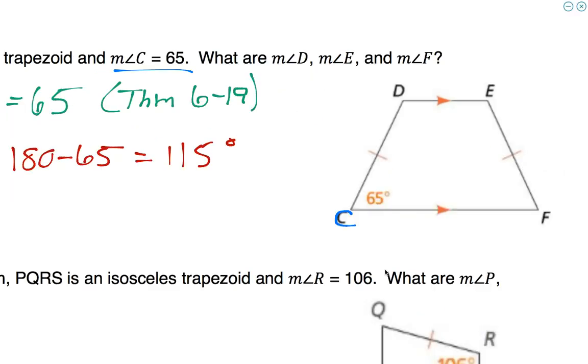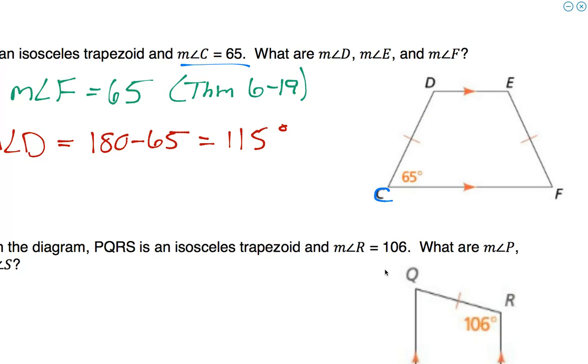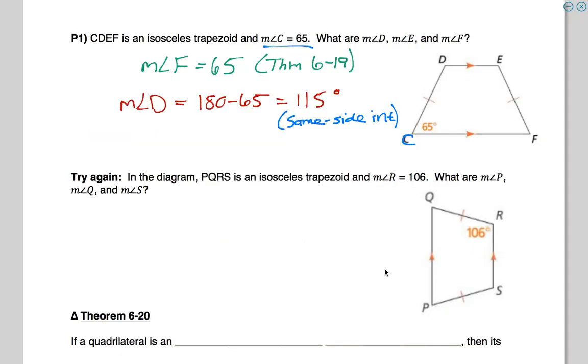The reason being, if these are parallel lines, this is a transversal. That means that D and C are same side interior. And the measure of angle E is also 115 because of theorem 6.19.